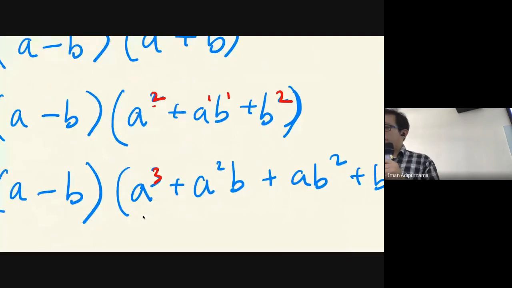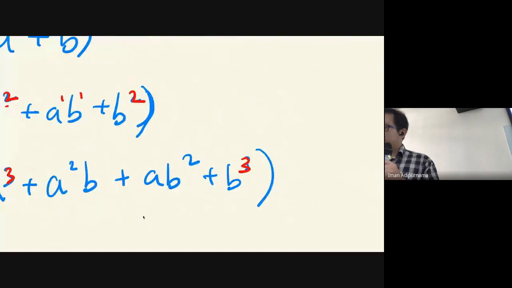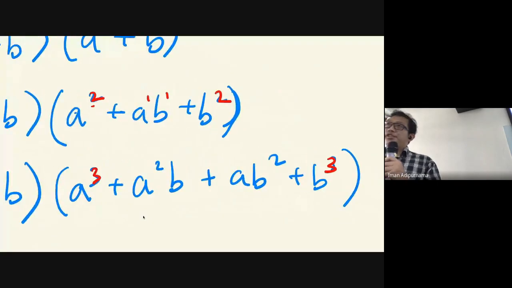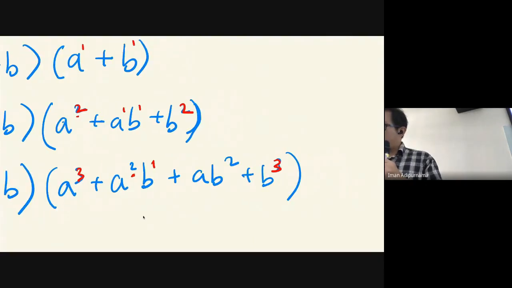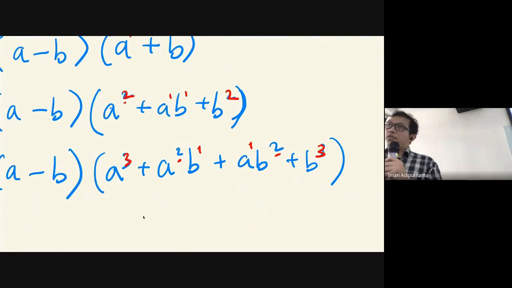Let's see the cube here. We have cube here and cube here. Because it's 3, we have 2, 1, 1, 2, right? For A and B, these are the combinations, the patterns. So we have this is 2 and this is 1, this is 2 and this is 1, for A and B. So for the fourth, we'll have 3, at least.